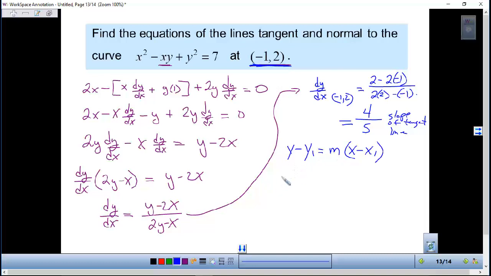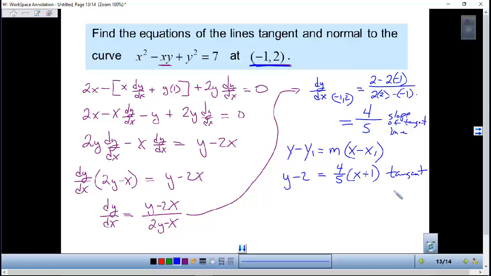So when we put that in, we're going to have y minus 2 is equal to 4/5 times x minus a negative 1, which means x plus 1. Don't go any further than that. Leave it just like that unless you are specifically told to put it in some other form or to simplify it further.